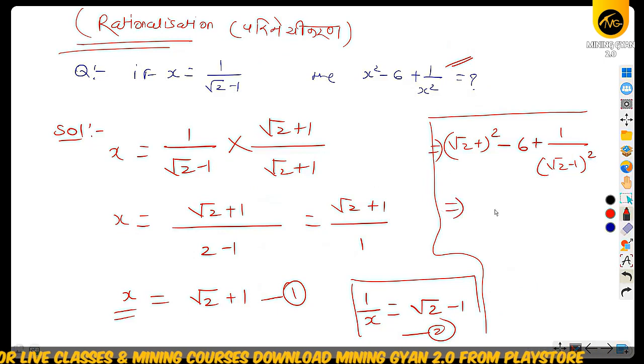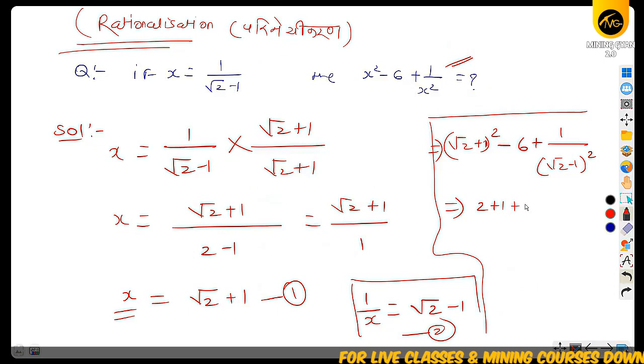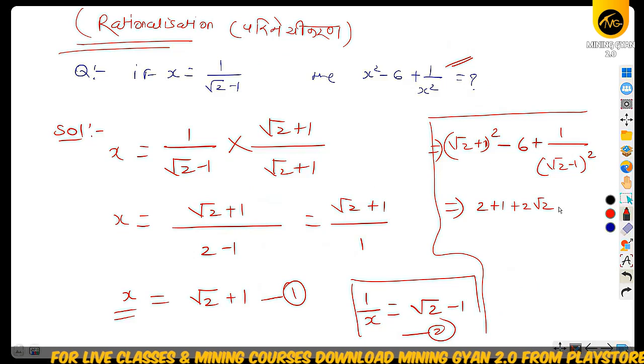Now root 2 plus 1 whole square. So it will be 2 plus 1, into, this is the (a plus b) square formula, 2 into 1 plus 2ab, that means 2 into root 2, because b is the 1, so you can neglect that.